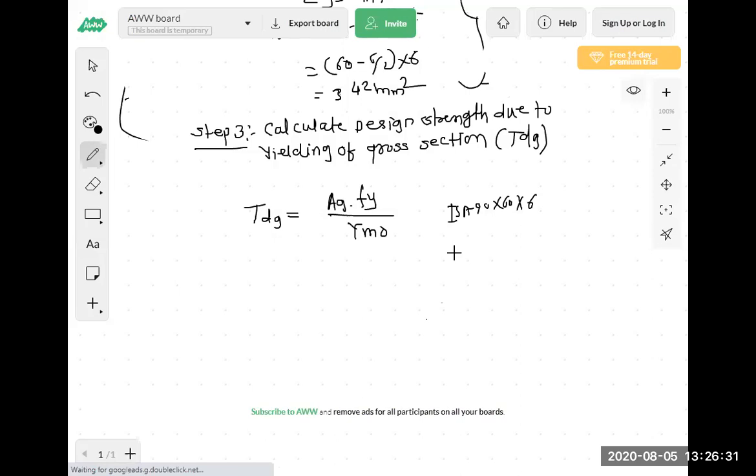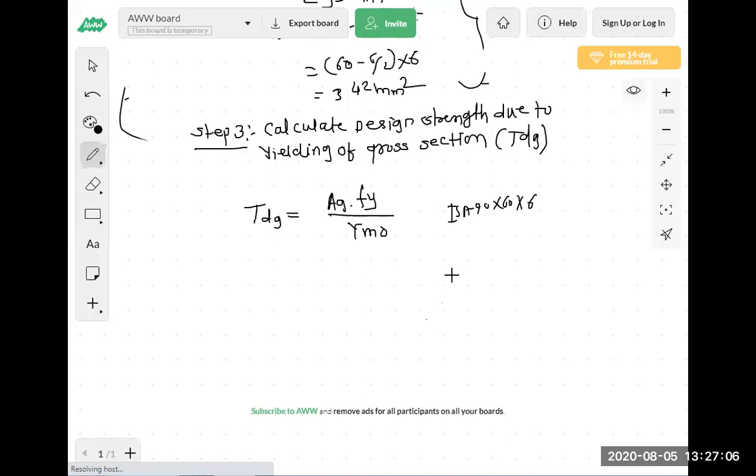So 90 by 60 by 6 unequal angle is there. I think on the steel table, page number 14. Steel table page number 14, unequal angle.